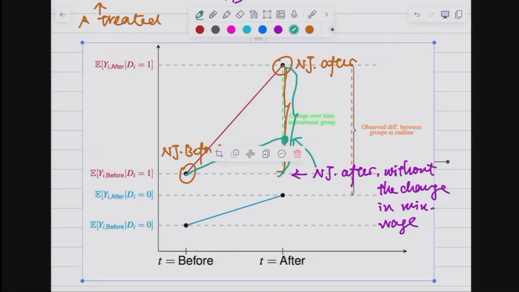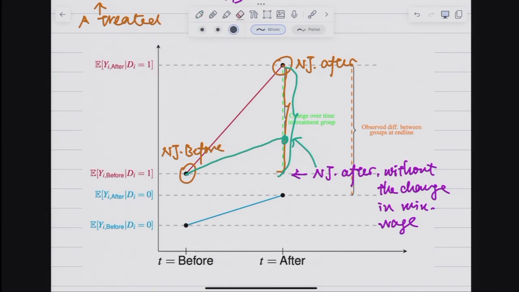So essentially, what we're saying is, this trend, or this difference without the minimum wage increase, is not observable. We don't know what actually that trend is. At best, we hope that the change over time for the control group will give us an unbiased estimate for the unobserved change over time for the treatment group, absent the treatment.